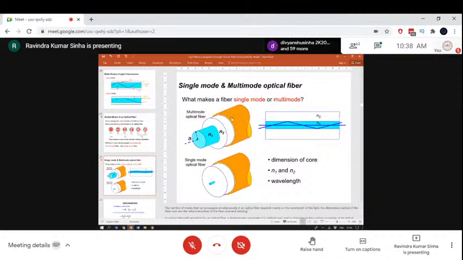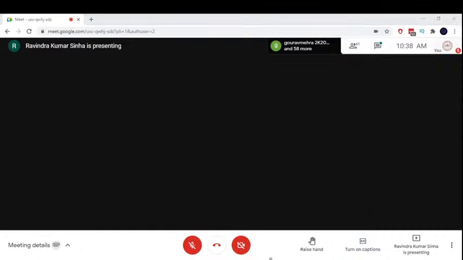Whether a fiber will be single mode or multi-mode depends upon the refractive index of the core, that is N1 and N2, and also upon the wavelength of the light which is propagating. For some fiber, for red color, it may be single mode, and for blue color, it may not be single mode.